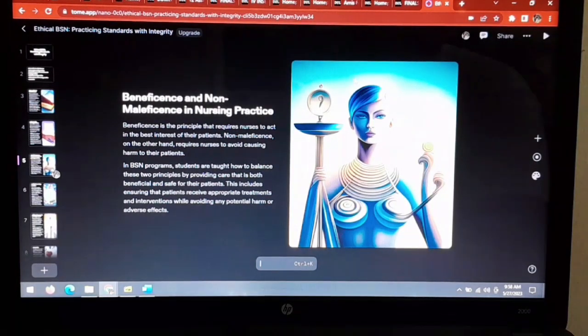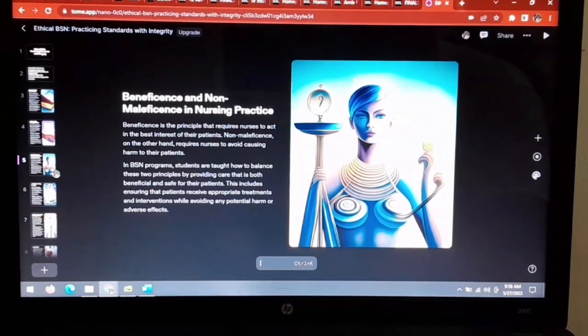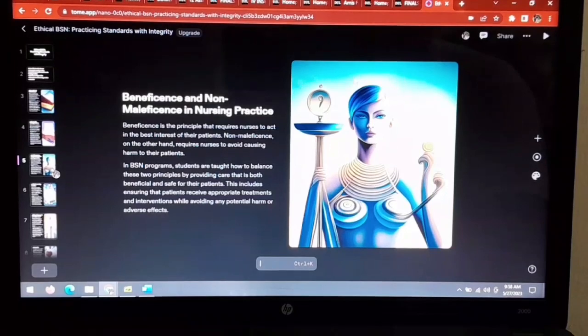Non-maleficence, on the other hand, requires nurses to avoid causing harm to the patient. In BSN programs, students are taught how to balance and practice providing care that is beneficial to their patients. This includes ensuring that patients receive treatments and interventions while avoiding potential harm or adverse effects.